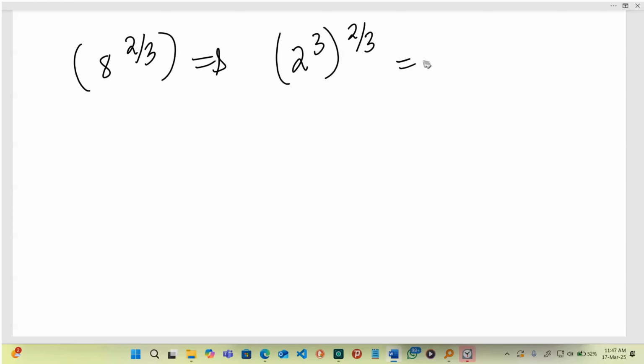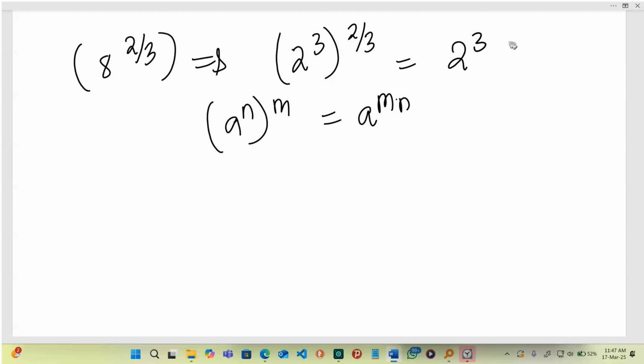Remember, we said if you had a to power n raised to a power of m, this is the same as a to power mn. So if I do the same here, this will be 2 to power 3 times 2 out of 3, which becomes this and that will go, and I remain with 2 squared, which is equal to 4.